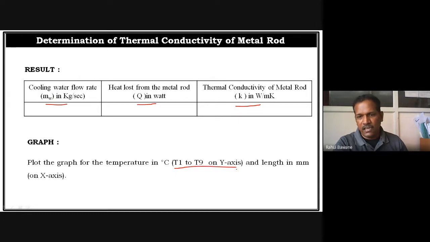Remember, T10 and T11, the water temperatures, we should not include in the graph. On the x-axis there will be the length of the test specimen, test length 200 mm, and we know that temperature will drop from T1, T2, T3. So T9 will be the lowest and T1 will be the highest.